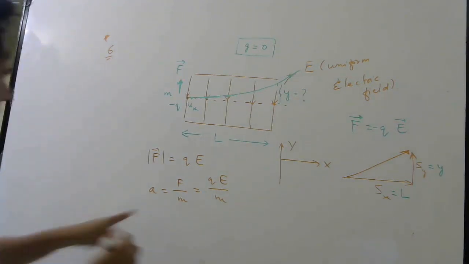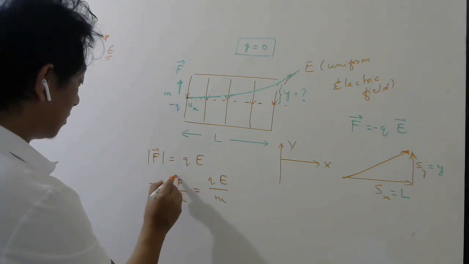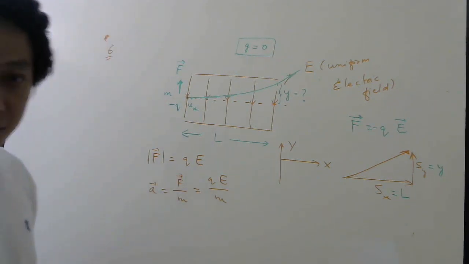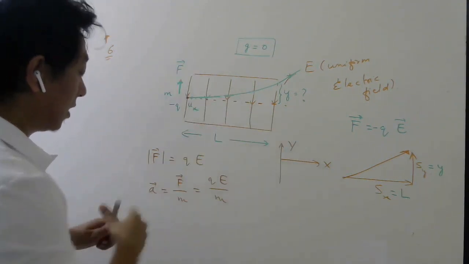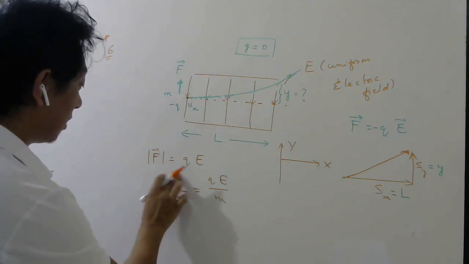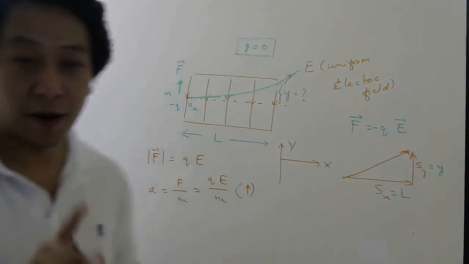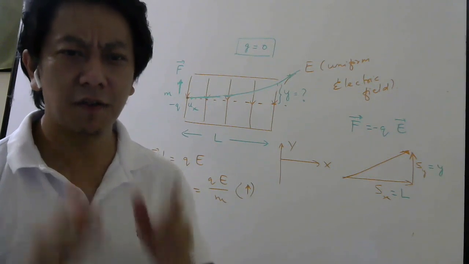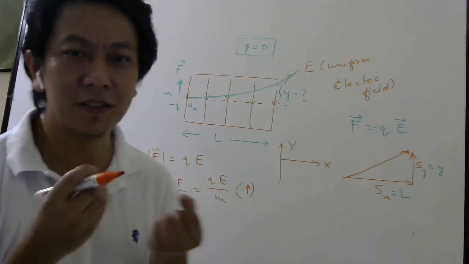Now this acceleration is along which axis? Look carefully. Where will the acceleration be? Wherever the force is. If I write in vector form, mass is a scalar. And where is the force? Force is upward along the y-axis. So your acceleration is completely along the y-axis. And if a vector is completely along the y-axis, then it means the x component is 0.